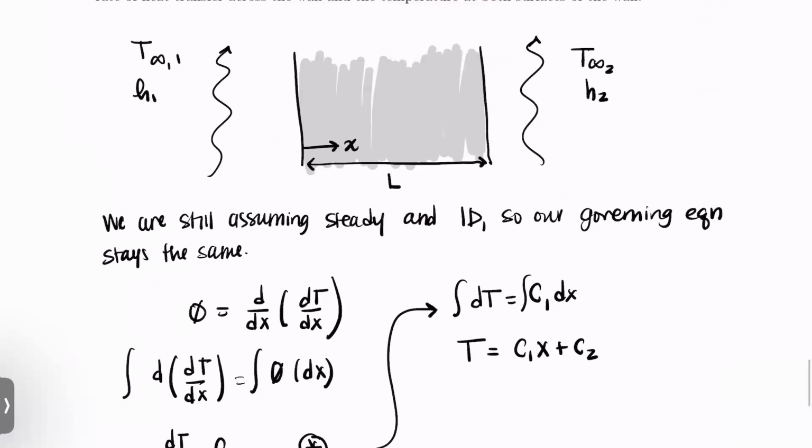So I'm going to draw these here. So we have Q dot convection 1, and we also have Q dot convection 2.